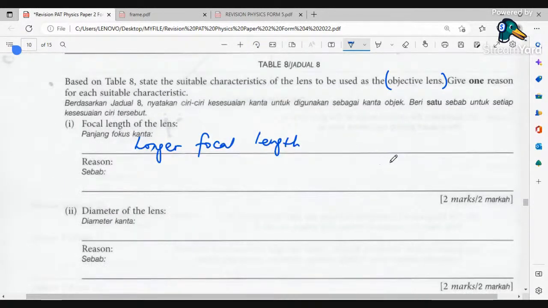So this one is to give a higher magnification. Higher magnification means you can observe object which is bigger.